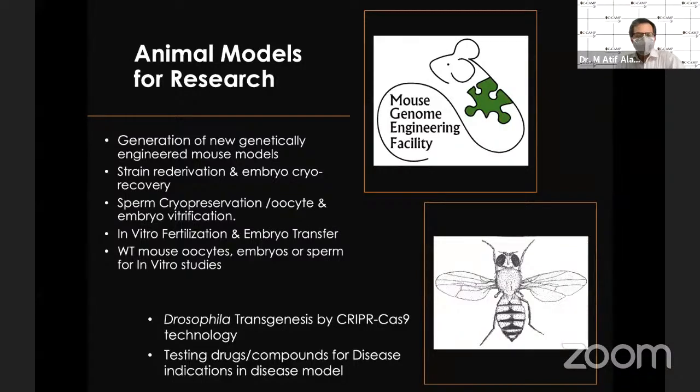Therefore, this is one of the key aspects, and we are again fortunate to be able to set up these facilities. And over the years, they have serviced a lot of internal as well as external researchers.